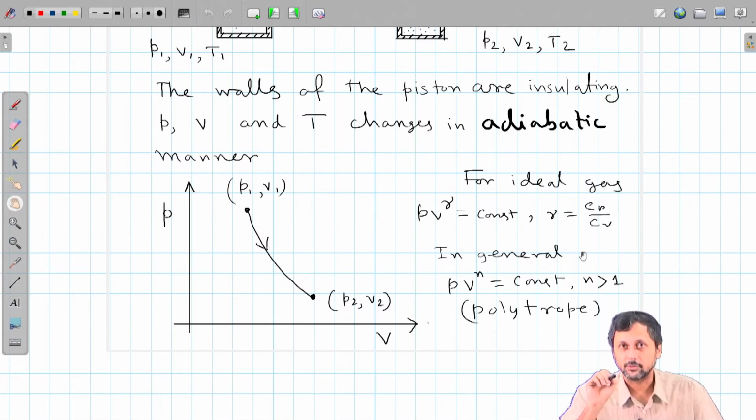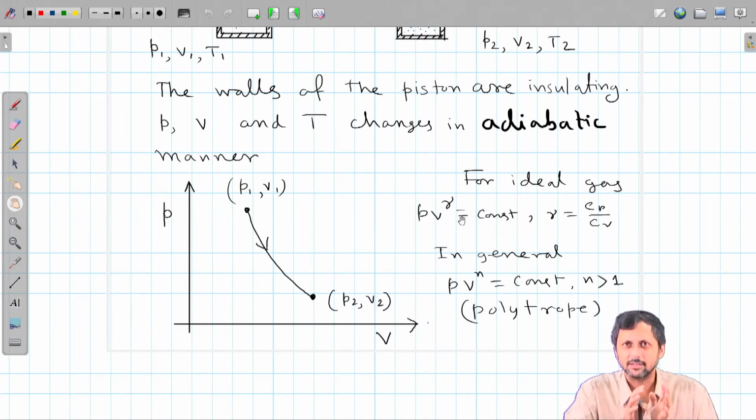One thing of interest is the polytropic process. So in general, for ideal gas we have PV to the power gamma equal to constant, but we might not have the exponent exactly equal to gamma. We can have an exponent which is anything greater than 1, that is possible.